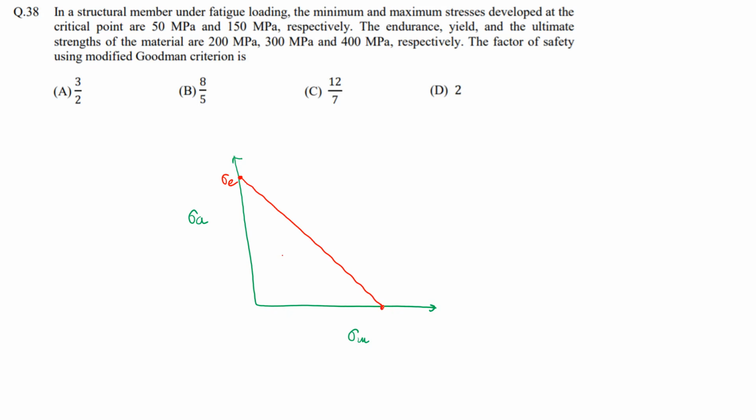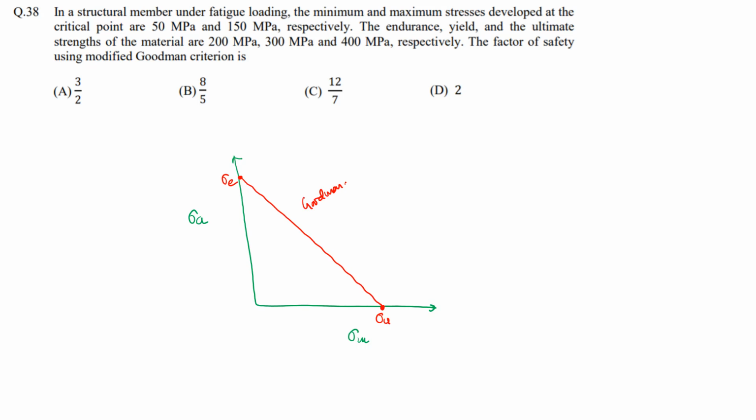In the case of normal stress, the limit is your ultimate tensile stress, that is sigma u. So in between, if the material is subjected to any kind of loading, it is safe. So this is what Goodman has developed.